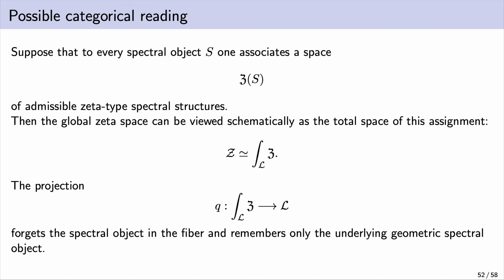So Z is isomorphic or homomorphic or whatever to this sort of Grothendieck fibration or Grothendieck integral, where the projection is going to send it and forget about all that and send it back to the spectral line.